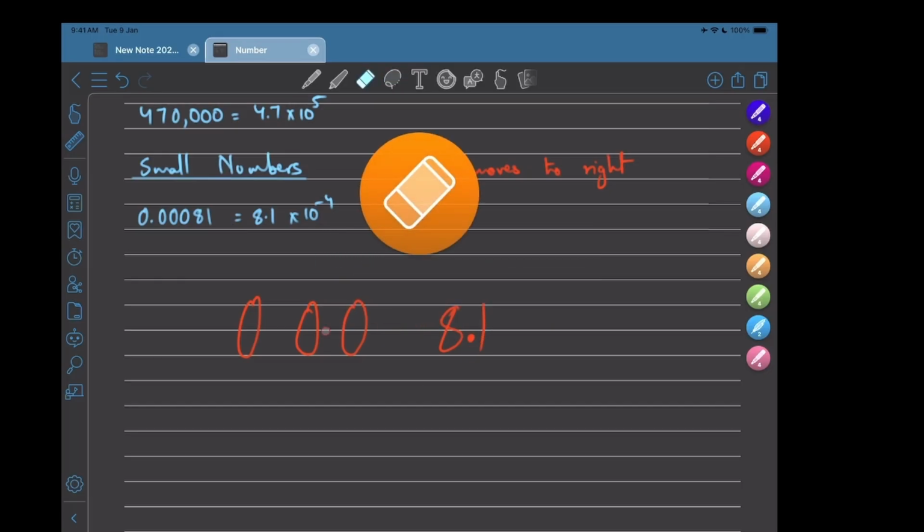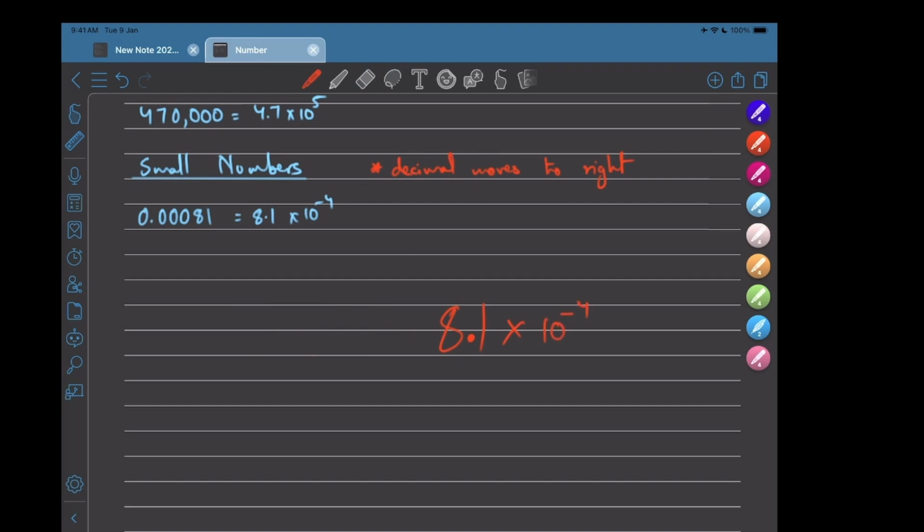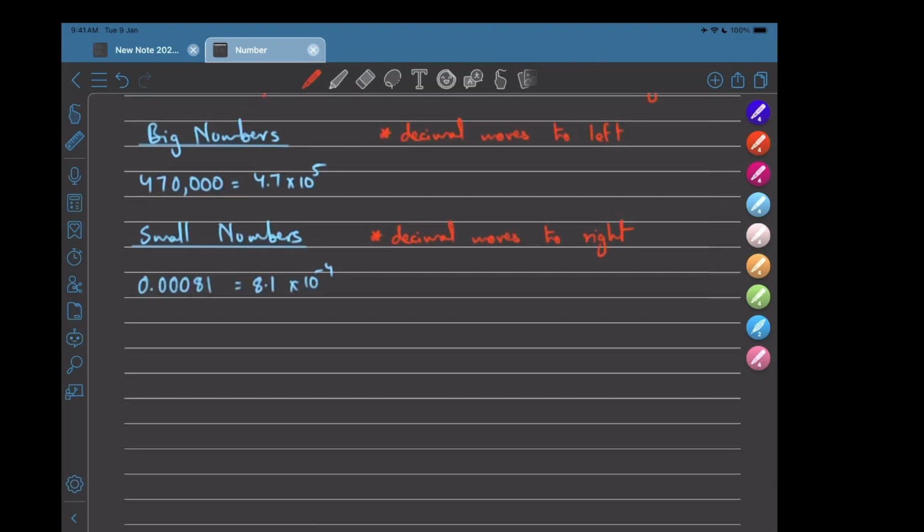Now these zeros get removed, multiply by 10 to the power of negative 4, because this jumped towards the right to make it a standard form. So our value is going to be negative 4. If it is moving towards the right, it is negative. If it is moving towards the left, it is positive.